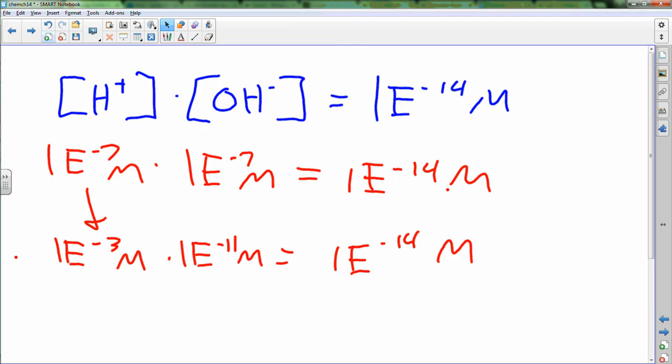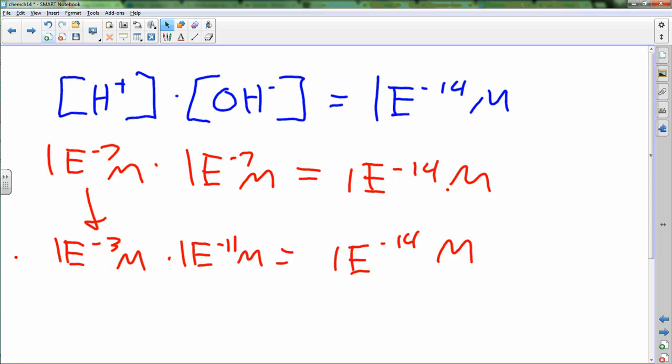So the more H plus ions there are, the fewer OH minus ions there are. But mathematically, the multiplication of their concentrations always has to get to 1 times 10 to the negative 14. Does it always work out to where the exponents add together to 14? Yes. That's the way the logarithmic scales work.